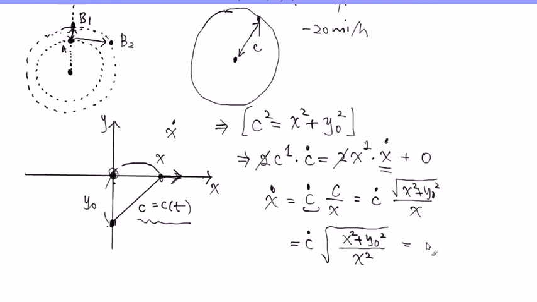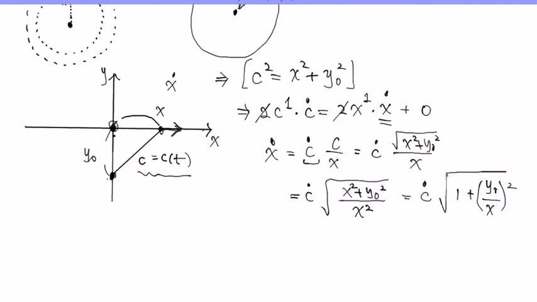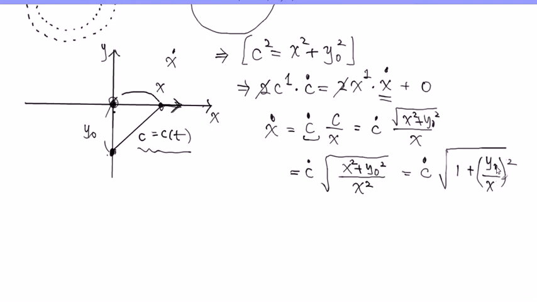Now if you distribute it, c dot, the measure from the speed gun, is multiplied by the square root of 1 plus y0 squared divided by x squared. I can put everything under the square root, so it looks like this. By continuity of the square root function, if y0 is very small, because he's right by the road, and x is relatively big, what is your rough estimate of this number?